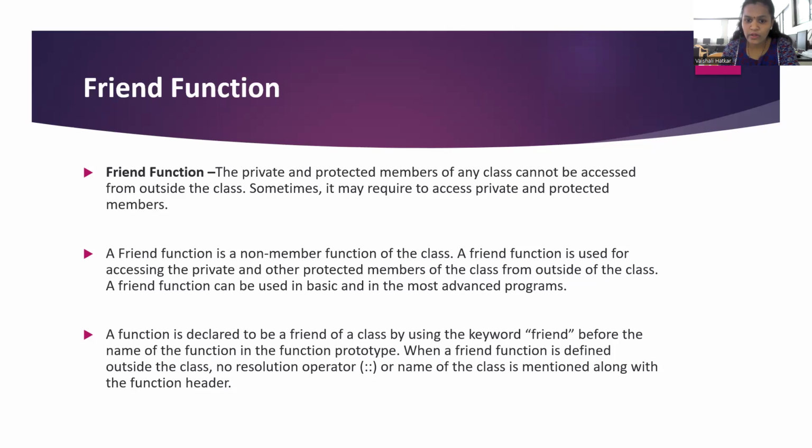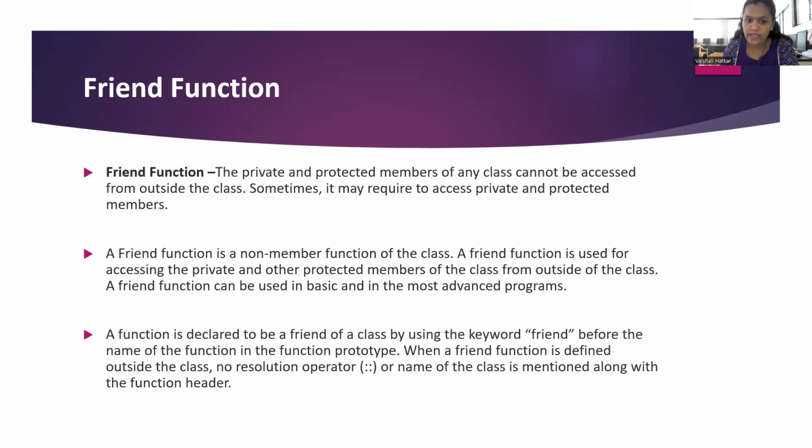So what does a friend function do? A friend function will give you access outside the class. Private and protected members of any class we cannot access outside the class. Sometimes it may be required to access private or protected members. So a friend function gives you access to the private and protected members.